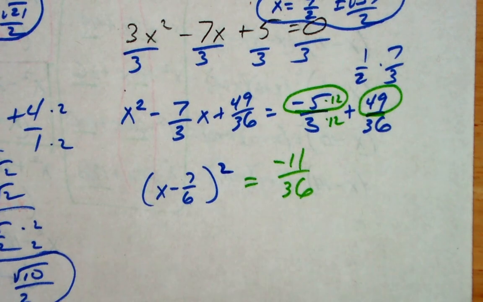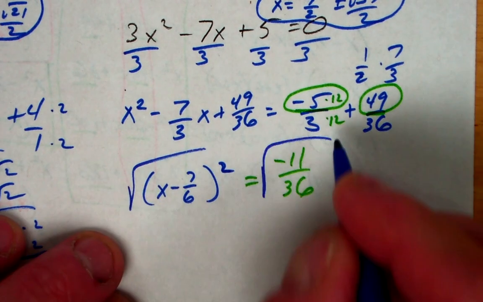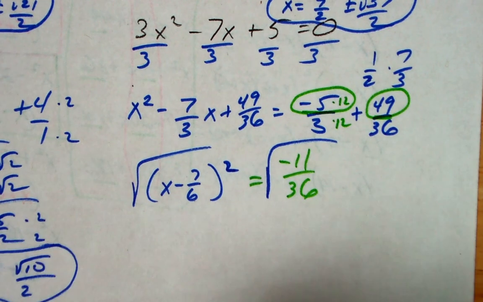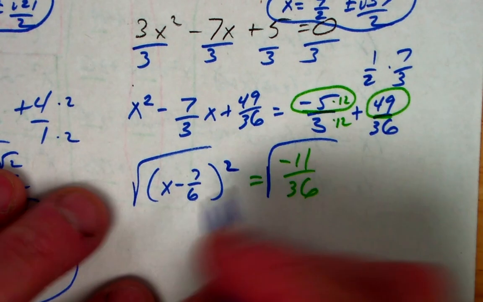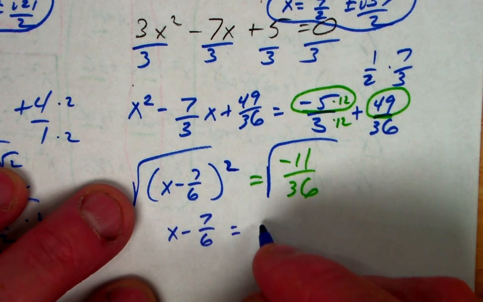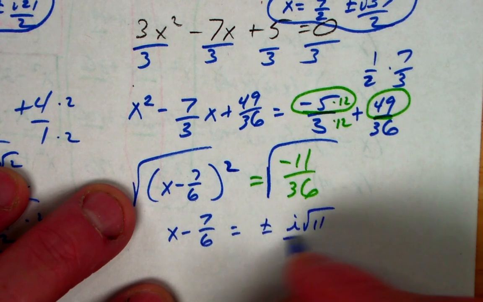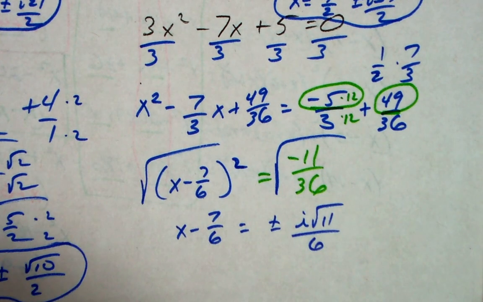Finish it, go. So I square root both sides, I get x minus 7/6 equals plus or minus square root of 11 over 6.